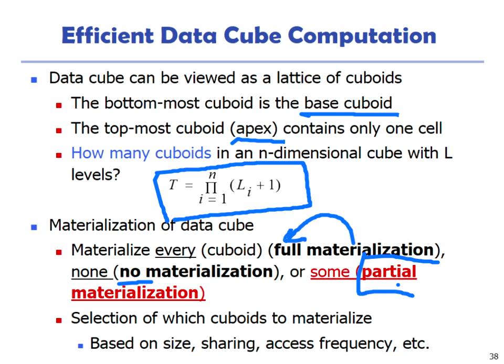For this reason, we will not materialize all the data, but just a part. Yes. So in this case, we have to select which cuboids to materialize. And this selection can be based on size, or sharing, or access frequency, etc.